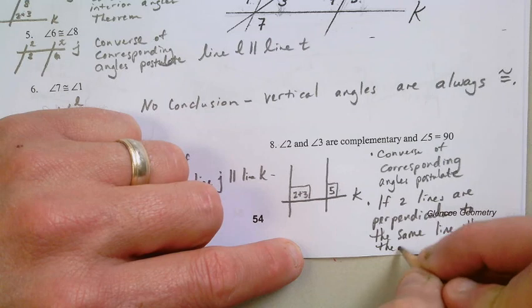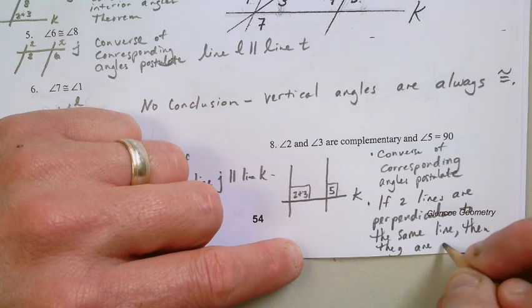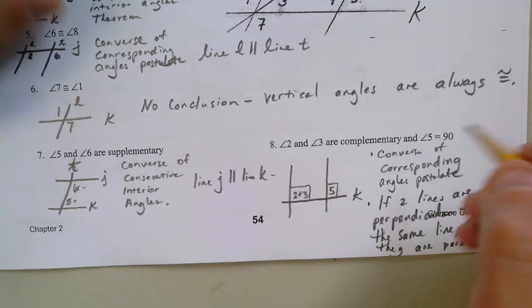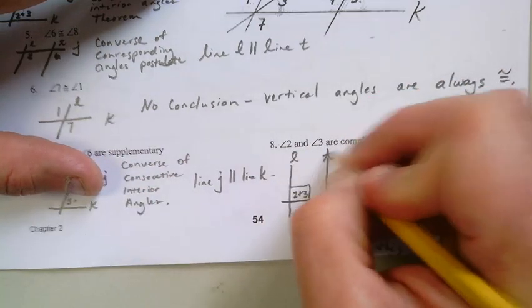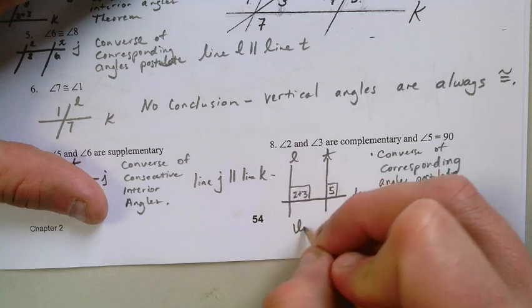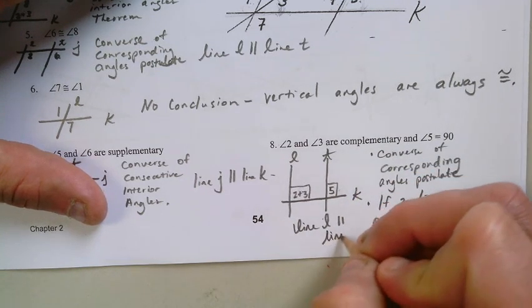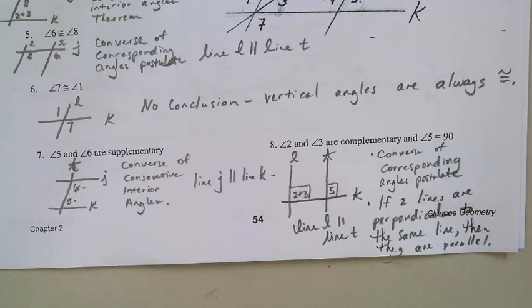Then they are parallel. Okay, now those two lines, this was L and this was T. So I'm going to say line L is parallel to line T. Okay, so that's my answer there for number 8.